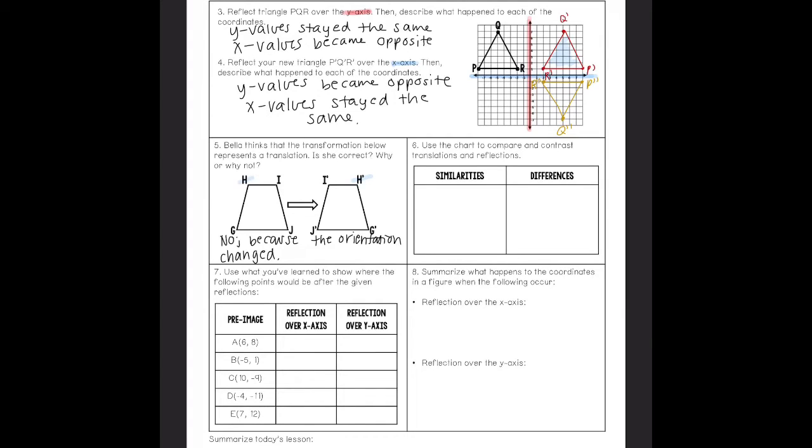Okay, so this actually is a reflection. Even though it's not here, there would be a line of reflection here. And my points would be the exact same distance from that line of reflection.